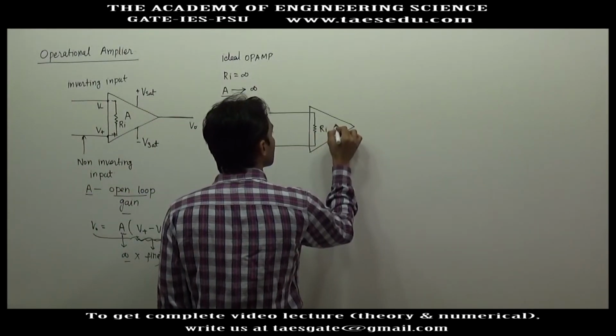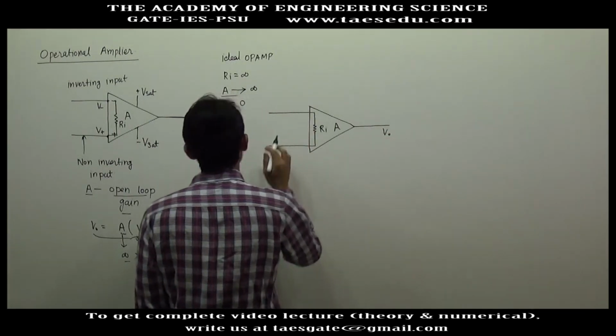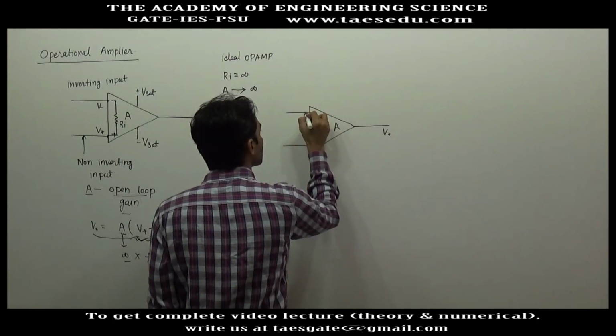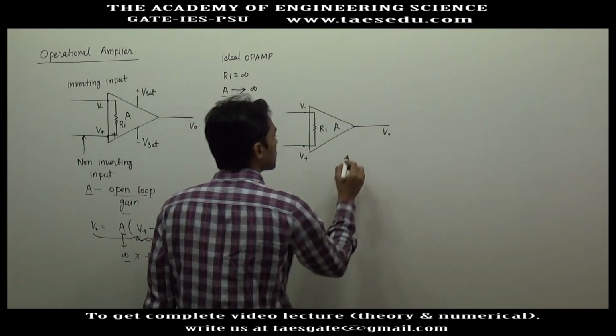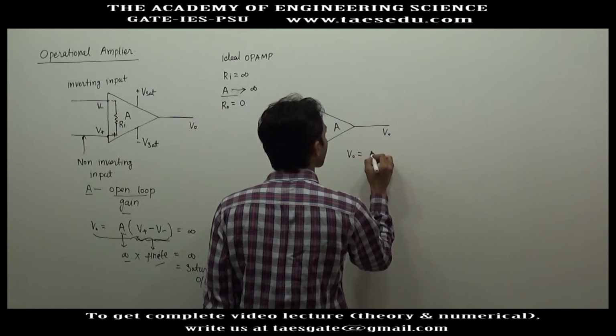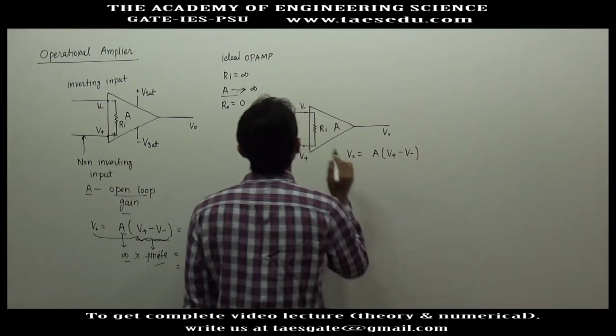This is Ri and this is the open loop gain voltage. The potential of this terminal will be V minus, and this is V plus, and the output will be written as A into (V plus minus V minus).